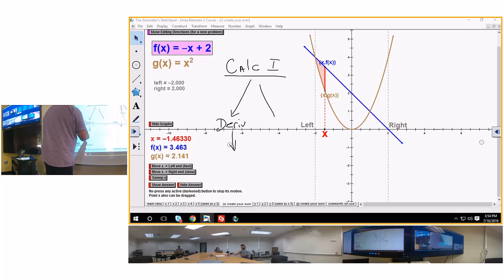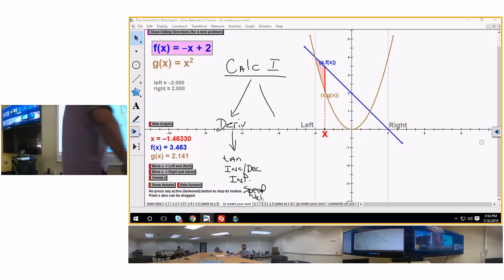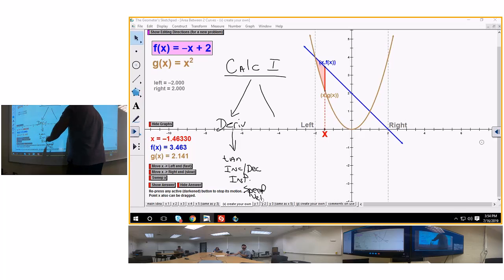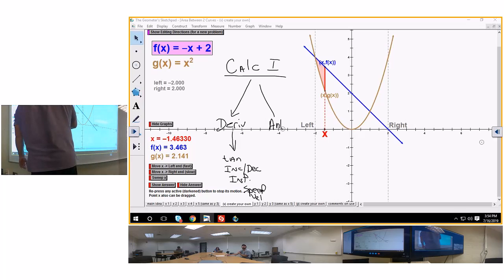It gives us the equation of the tangent line, the increasing and decreasing, the inflection points, which we've already covered, and the speed and velocity. And the other thing, which is the opposite of the derivative, is the antiderivative, or the integral. And the integral gives us area.